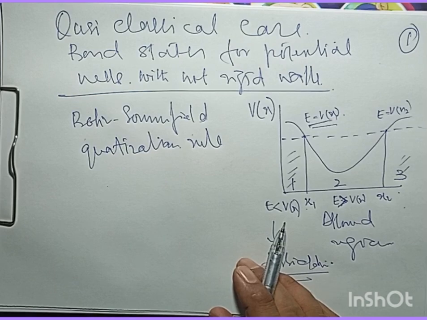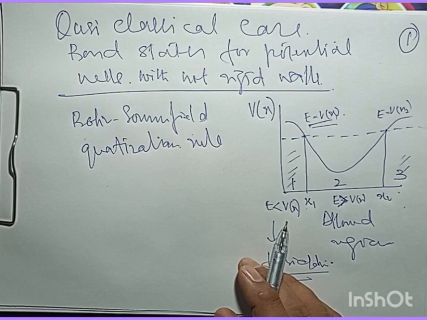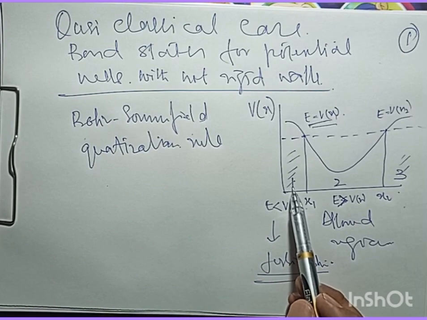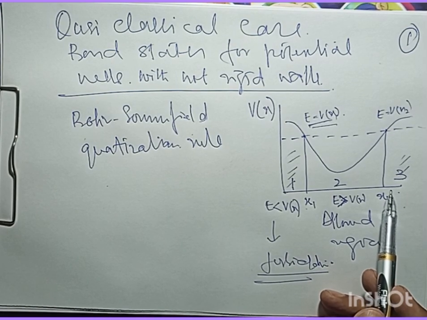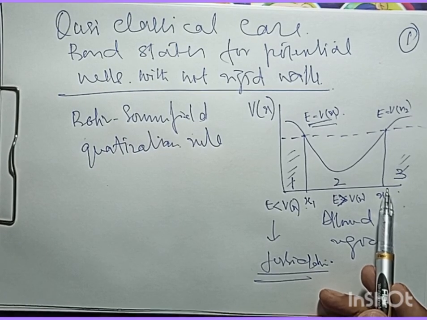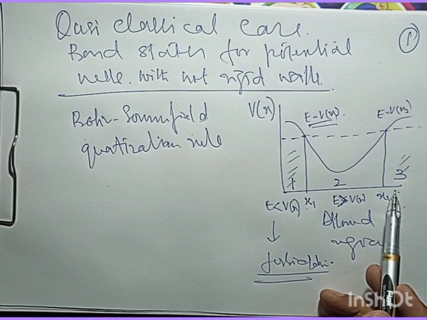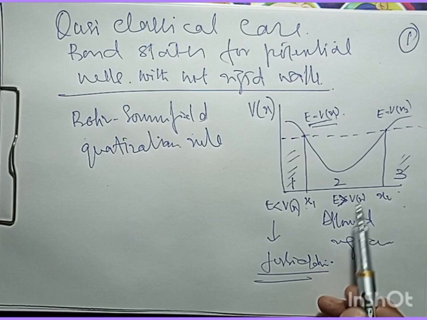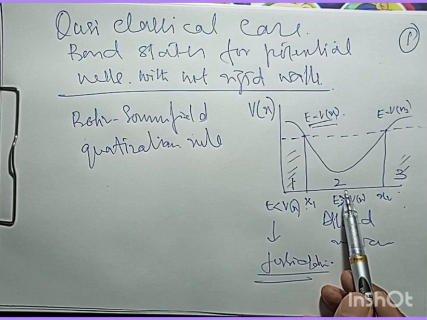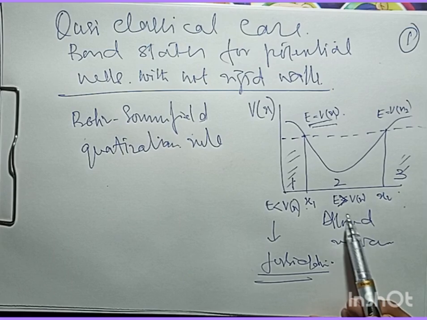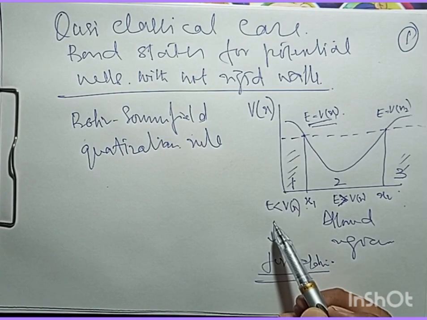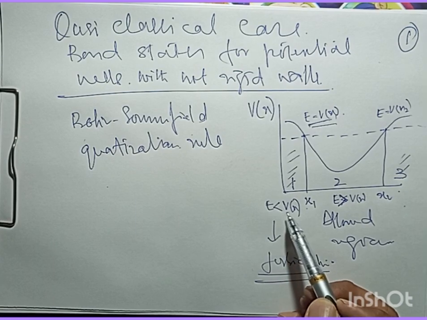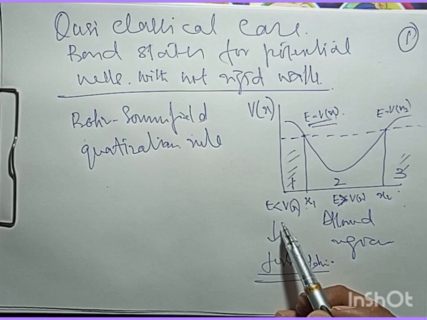The quasi-classical approximation to the wave function in region 1 and region 3 can be executed for these two regions, and the approximation in region 2 can be extracted from the wave function that we developed for E greater than V of x. For the classically forbidden region we have the approximations for E less than V of x.